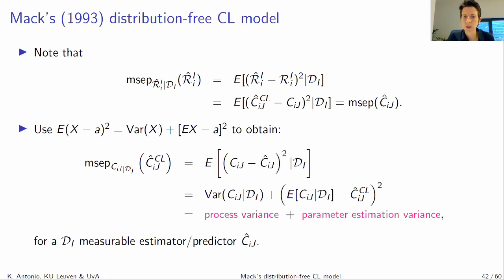So here you see the process variance, the variability and the assumption that we make about the variability of our distribution of our random variable, and this is the assumption that we made about this sigma squared j. And what we see here is the uncertainty that we bring in by estimating this quantity with the chain ladder type of estimator that we propose.